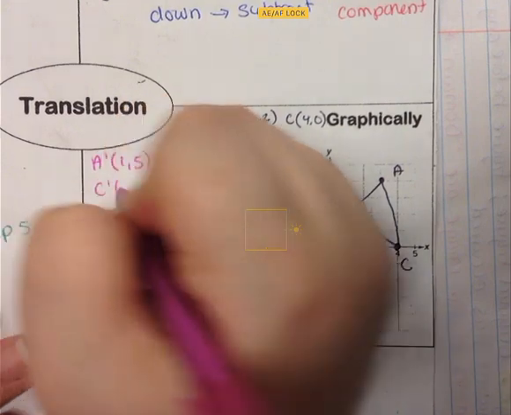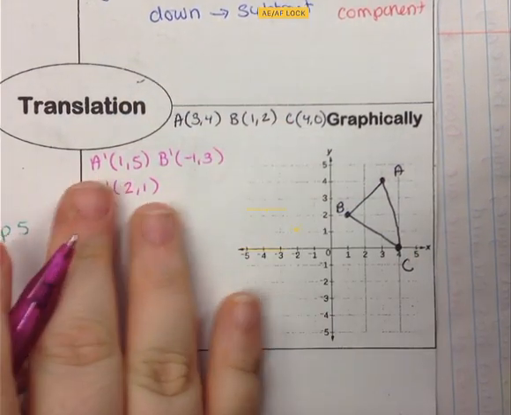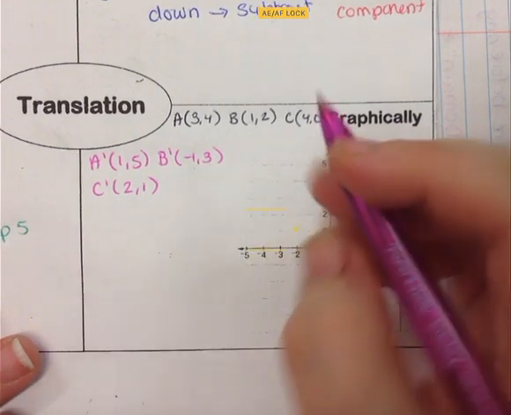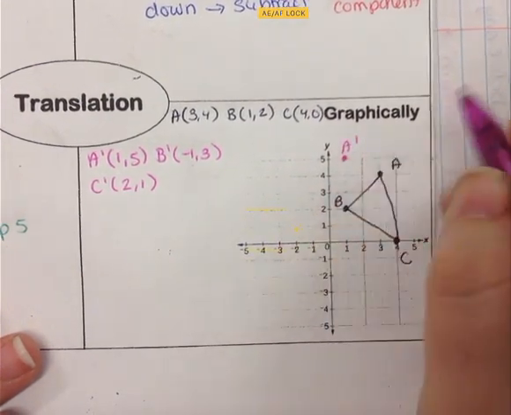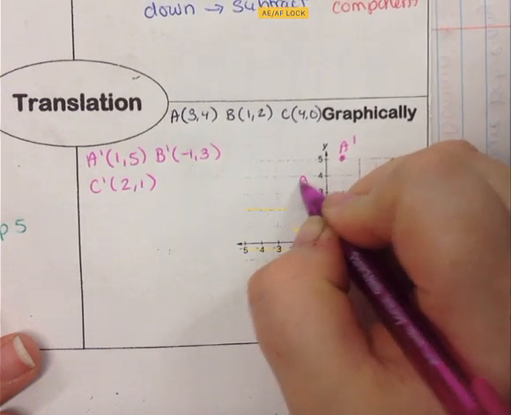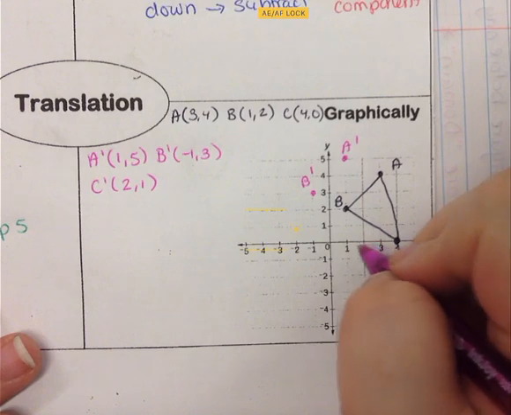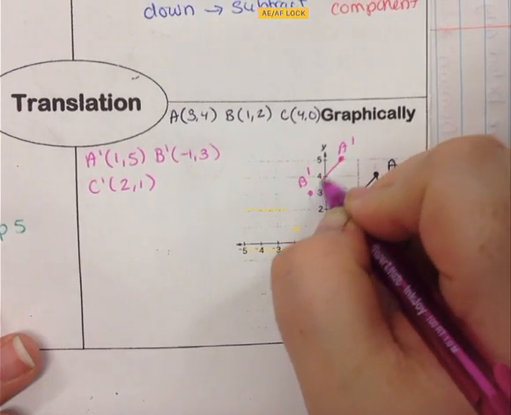And C prime is at coordinate 2, 1. Now I want to go ahead and graph these and label them. So A prime is at 1, 5. Label it as A prime. B prime is at negative 1, positive 3. B prime. And C prime is at 2, positive 1. So C prime. Go ahead and connect them.